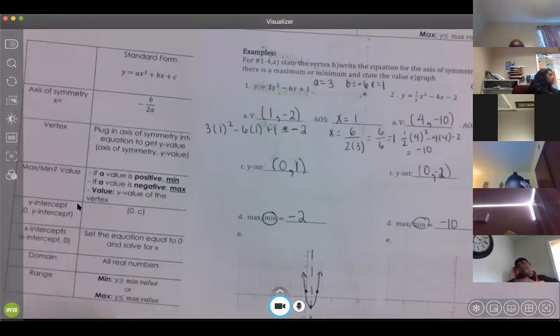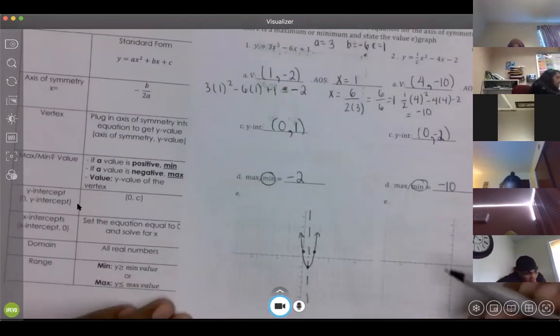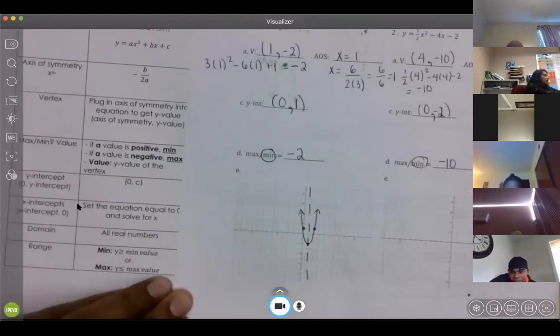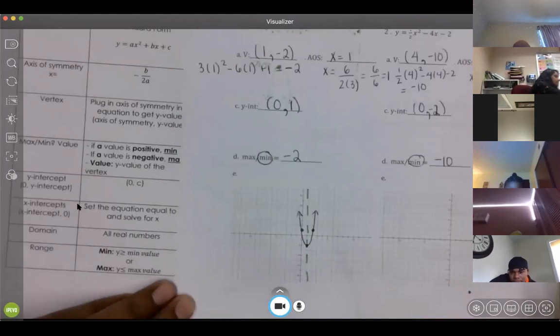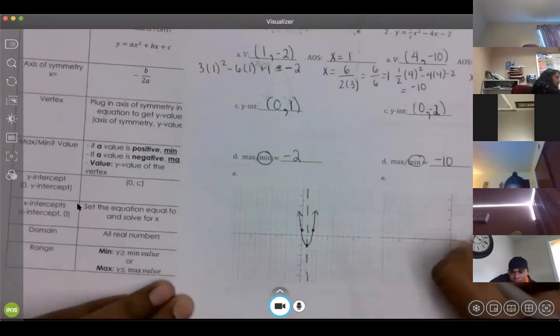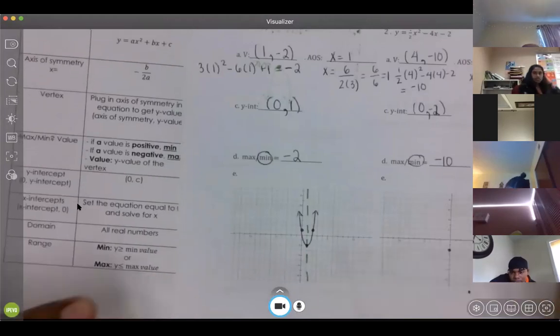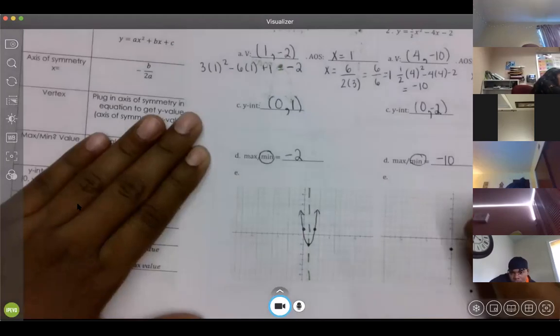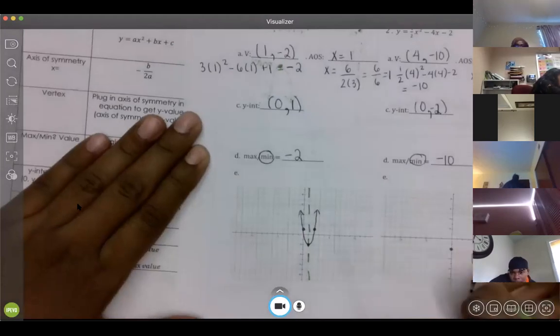All right, let's go ahead and plot these points. So I'm going to start with the vertex. It's at 4, -10. It's going to be slightly off your graph. That's okay. Just guesstimate it. And then plot your y-intercept, so at 0, -2. The last thing you're going to do is draw your axis of symmetry. It's going to go through x equals 4 and go through the vertex as well.